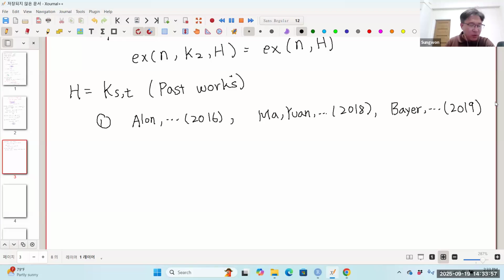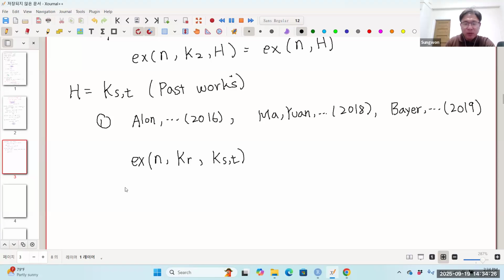What they did was they found the number of complete graphs with no K_{s,t}. So in other words, the extremal number of K_r. So it's the maximum number of K_r complete graphs when K_{s,t} is forbidden.